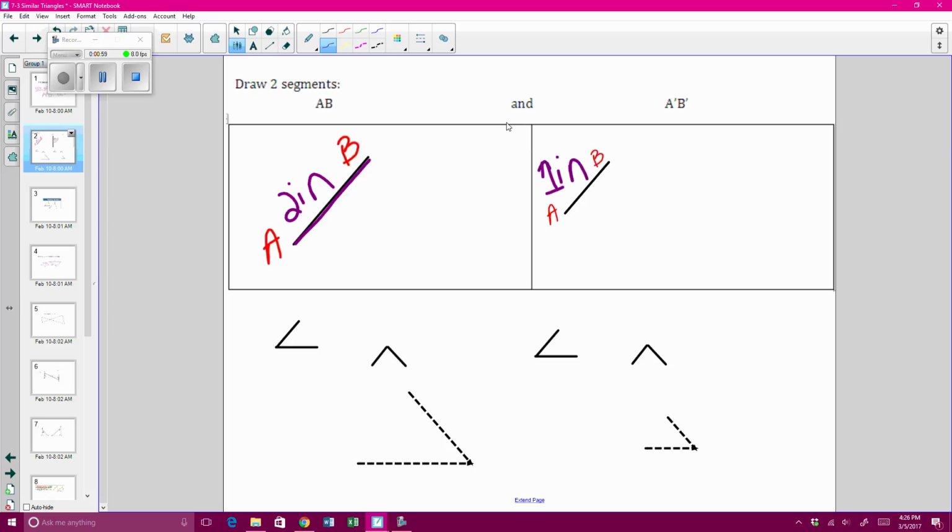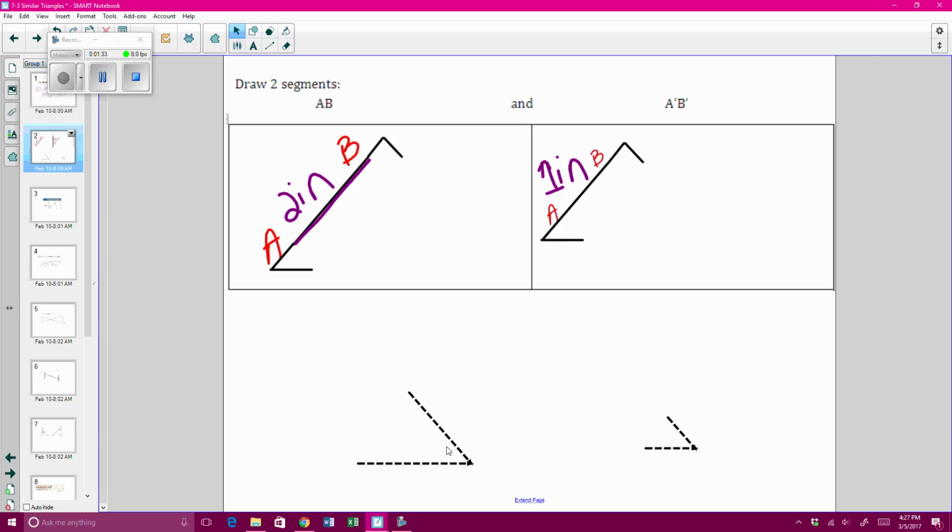And so my goal is to use the same measures of the angle. If you look here, those angles are the same. These angles are the same. If I finish making this triangle by putting this angle here, and put the congruent angle in the corresponding location over here, I would then be forced to take this angle, making my triangle, and I would have to put its corresponding congruent angle here.